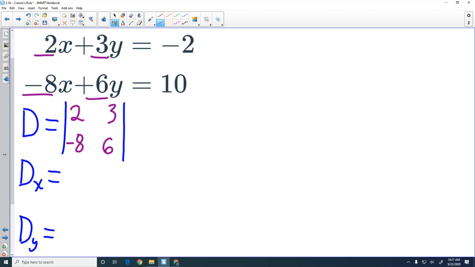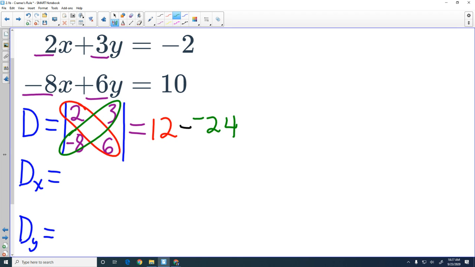All right, so I'm just writing those four coefficients of the x's and the y's. When we calculate them, we take the first diagonal, 2 times 6, which is 12, and we subtract the second diagonal, -8 times 3, which is -24.